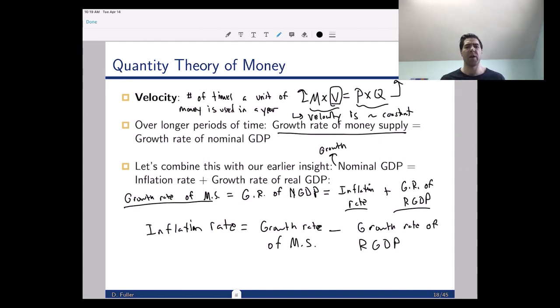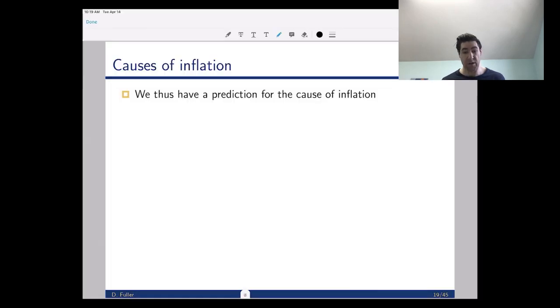Now, that right now seems very abstract and a bit strange, and you might be thinking, what am I learning from this, other than a bunch of information I didn't previously care about? It gives me a very important prediction for the cause of inflation, right? So inflation is caused in this framework over the long run. So remember, we're talking here about the long run, over periods of 2 to 10 years, kind of smoothing out short-term fluctuations.